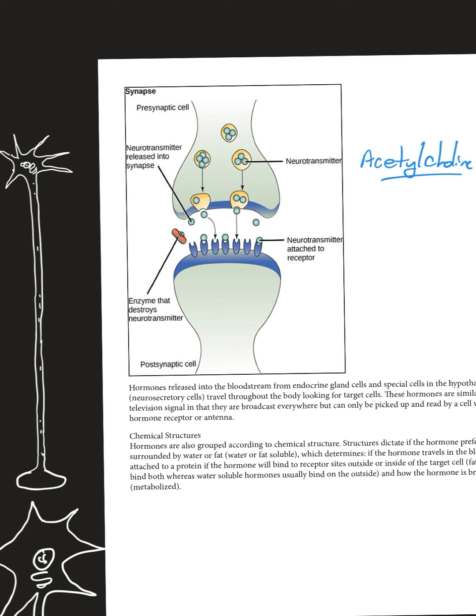Acetylcholine is used in a number of places. Usually this is showing one neuron to the other, but you also have connections from your neuron to your muscle. When you think to move something, your neurons have to send that signal to your muscle to contract it.